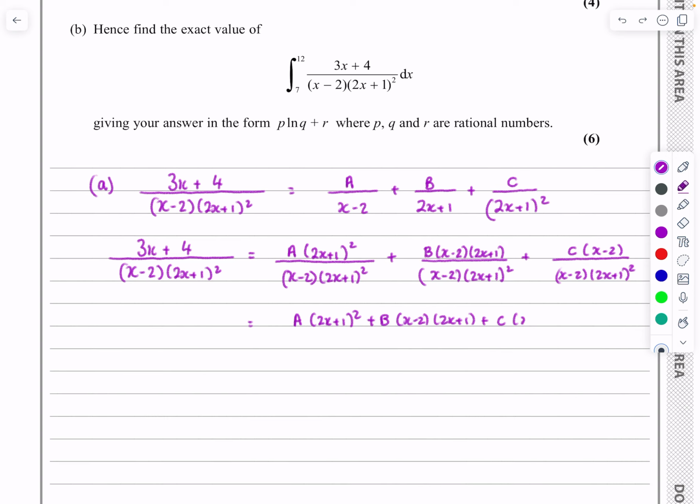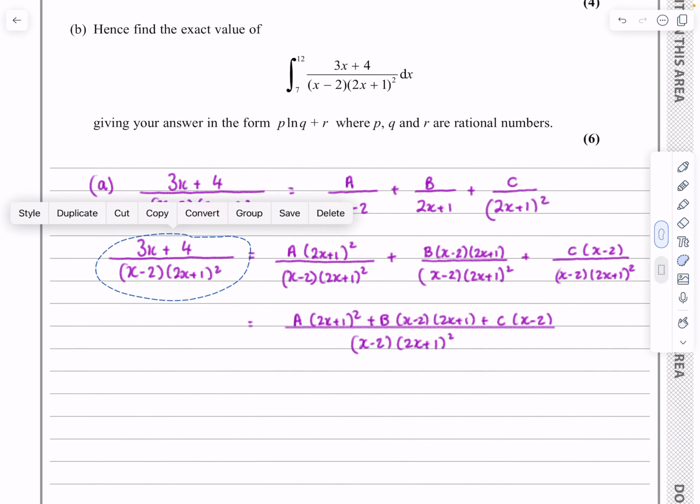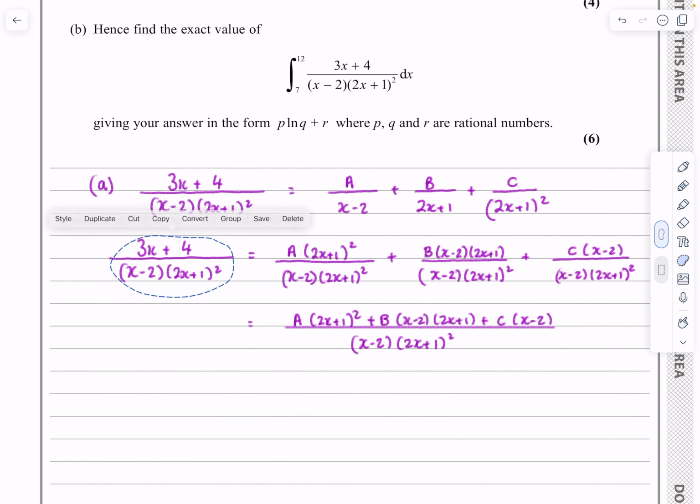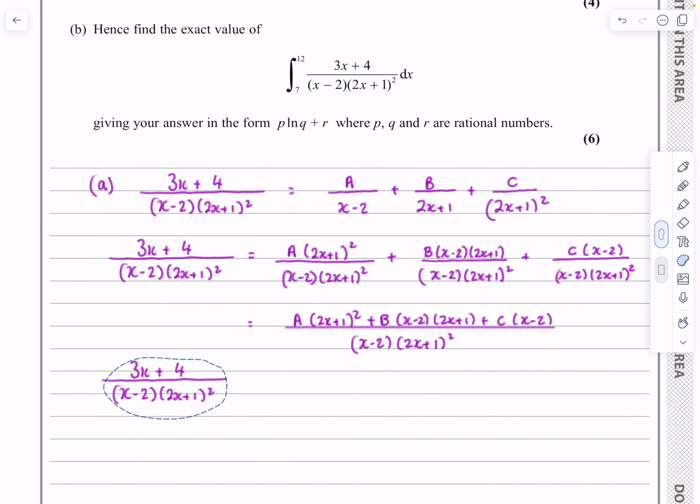Apologies, x minus 2 there. All divided by x minus 2, 2x plus 1 squared. Just depends on how much time you've got in the exam and how careful you want to be when you're showing this work. Should have done enough practice of these, so this is not too difficult at all.